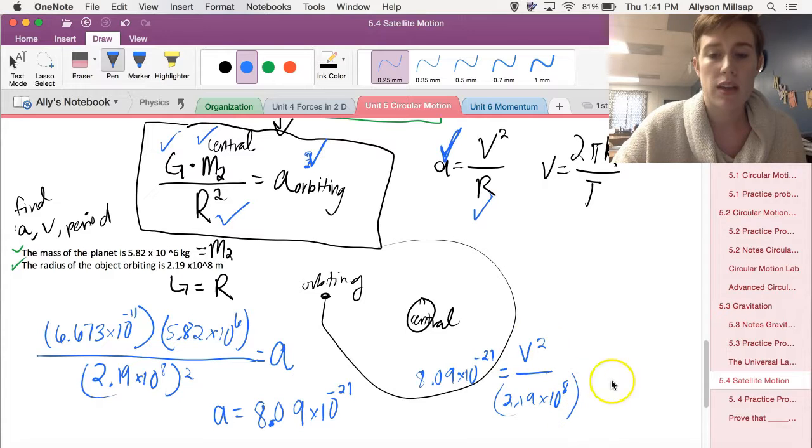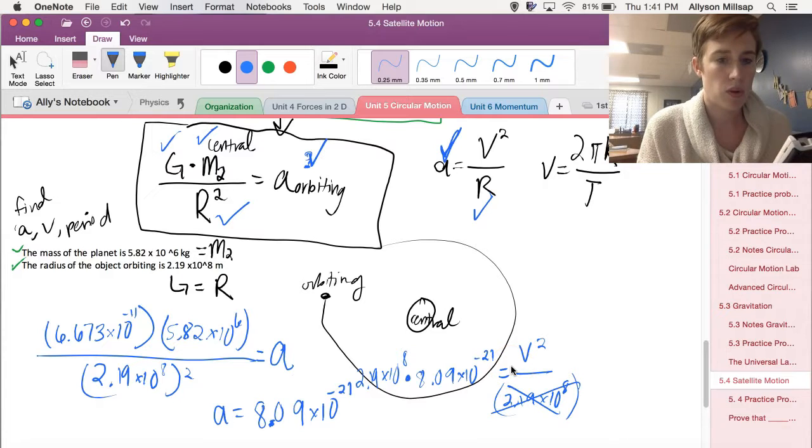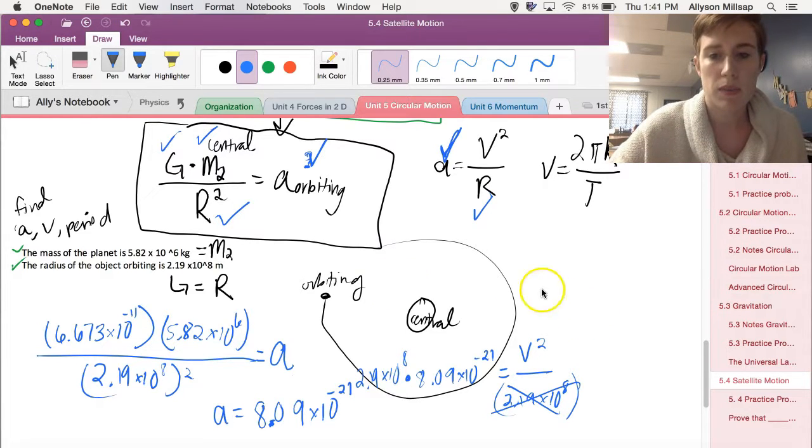Well, I need to move this guy to the other side, so I multiply both sides by 2.19 times 10 to the 8th, so I can get rid of it on the bottom. So 2.19 times 10 to the 8th times 8.09 times 10 to the negative 21 gives me this value, 1.77 times 10 to the negative 21 is v squared.